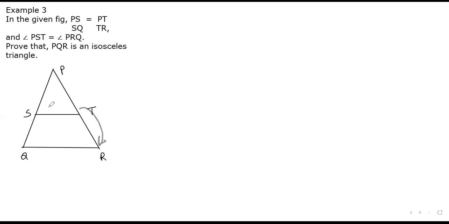What happens if this is the fact? The lines are parallel, by the converse of BPT. If the ratios are equal, the lines are parallel.